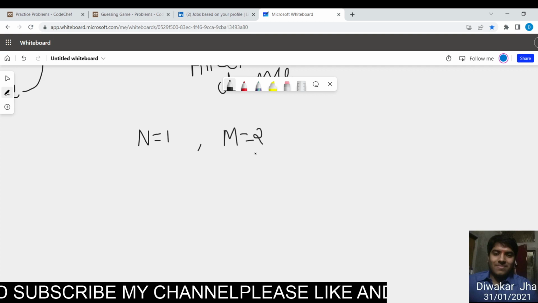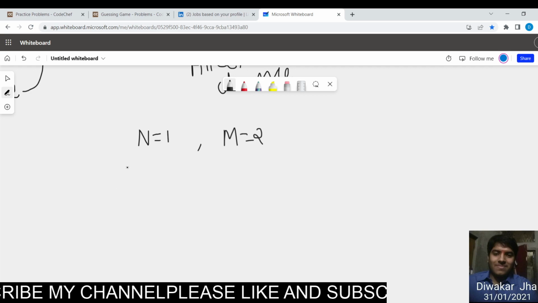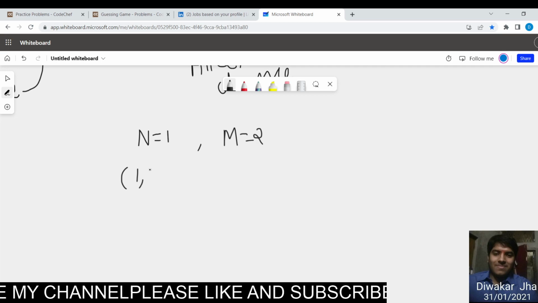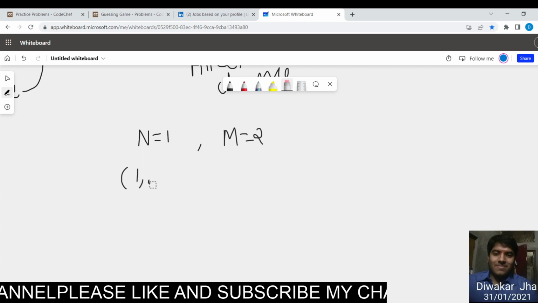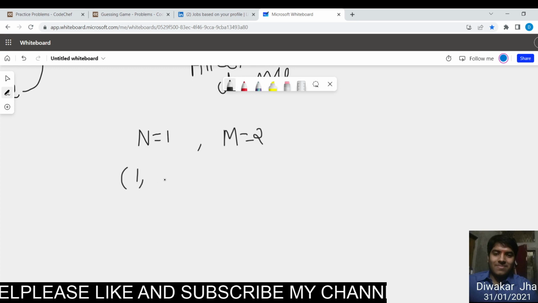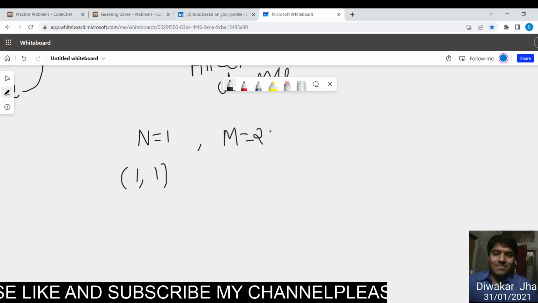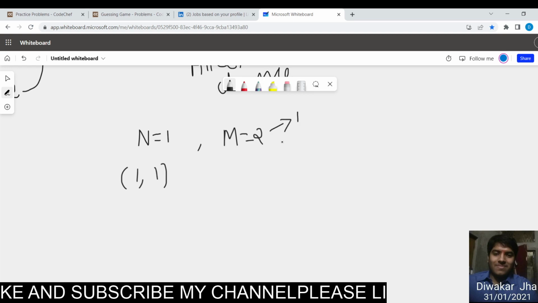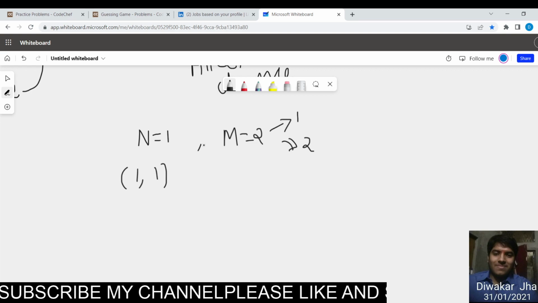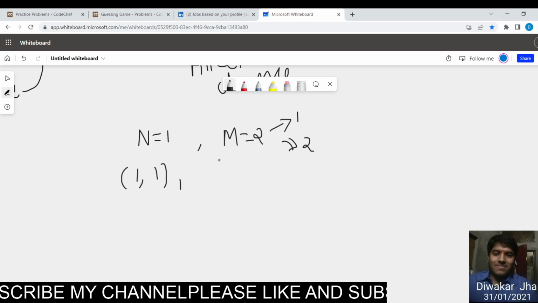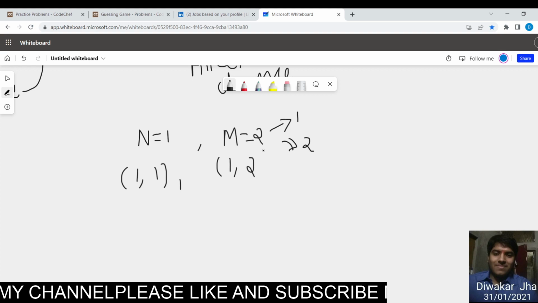Alice will choose the number one, and Bob may pick one or either two. Suppose Alice picks only one and Bob picks one. Another case is Alice picks one and Bob picks two.